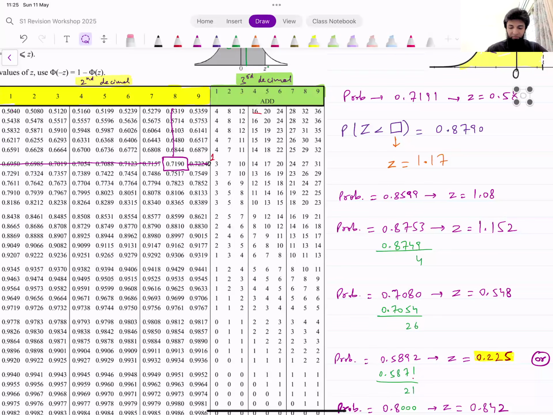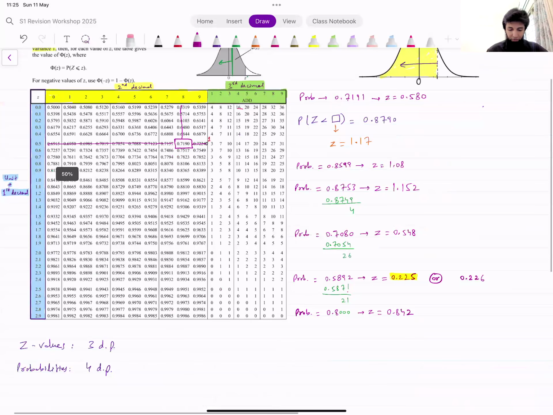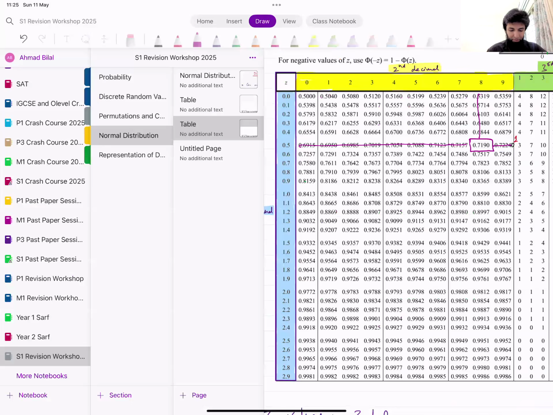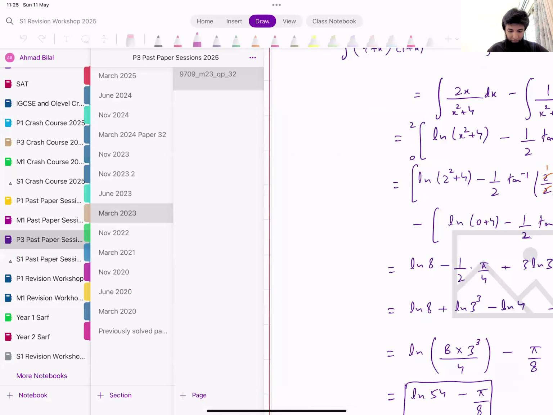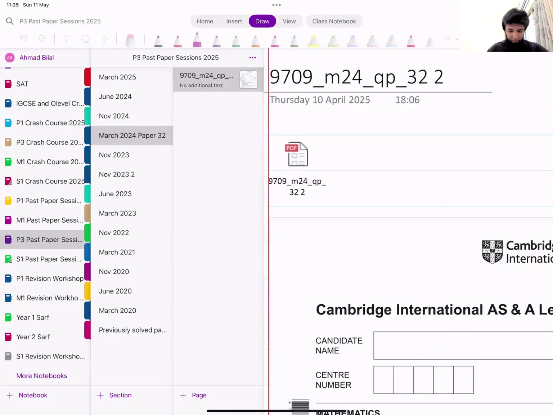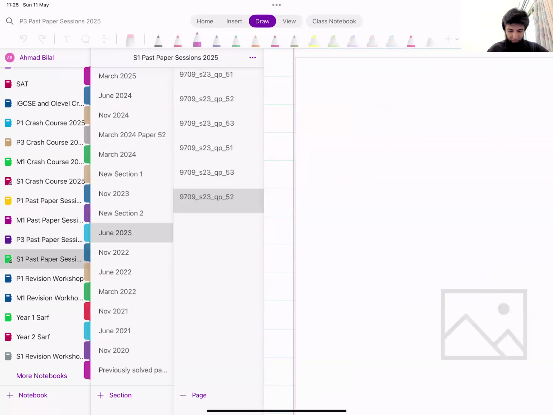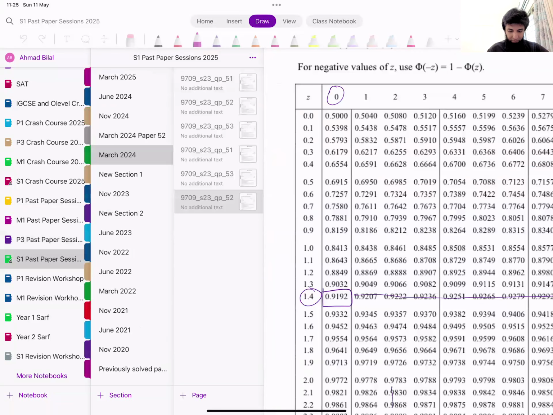Now, you would find that some values are given directly at the bottom of the table as well. Let me just show that to you quickly if I can find that. You would find that at the bottom of the table, there are some values that are given to you directly.